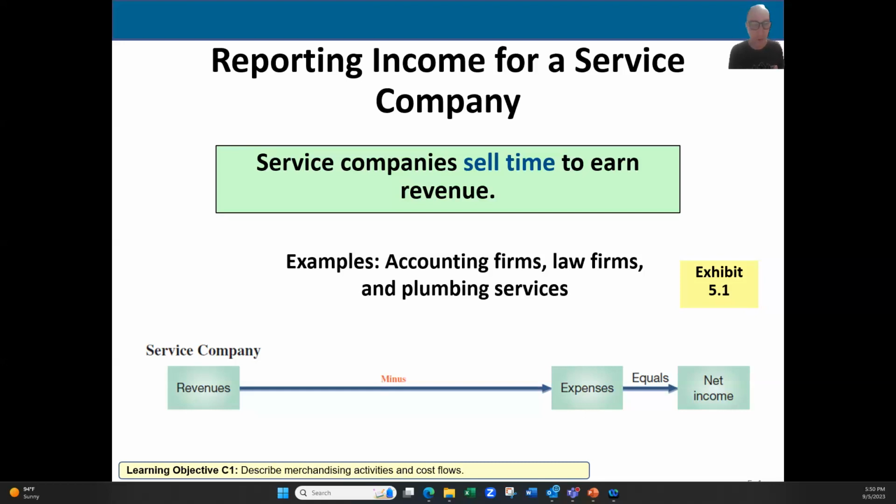Service revenue minus all of their expenses, like rent expense, repairs and maintenance, utilities, wages, etc. equals net income. So revenue, sales, minus all of their expenses equals net income. That is what a service business income statement looks like, which is much different than a retailer.